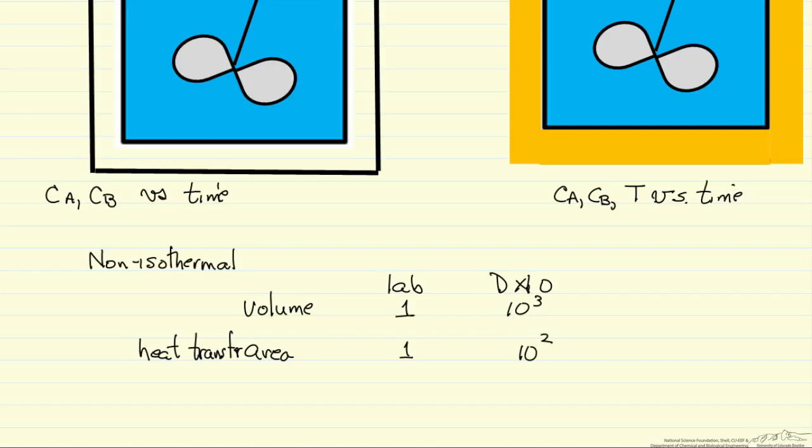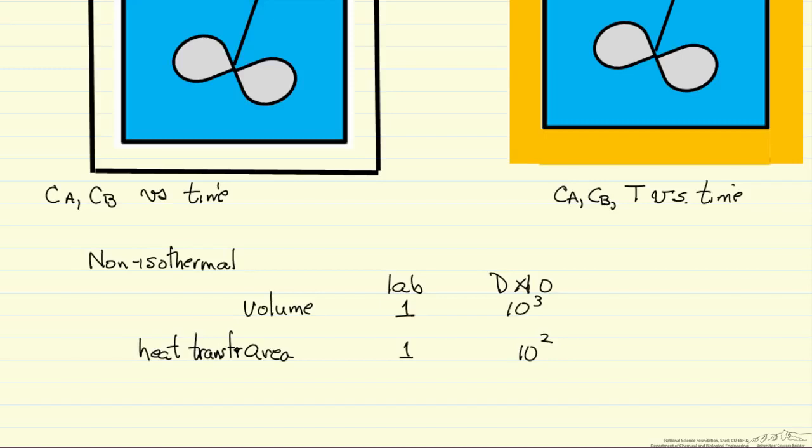In other words, we've increased the volume much more than we've increased the heat transfer area. And what this means then is heat transfer is going to be more difficult to maintain the desired temperature profile that we're interested in.